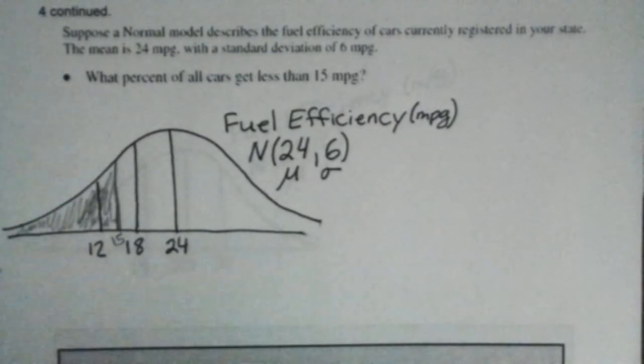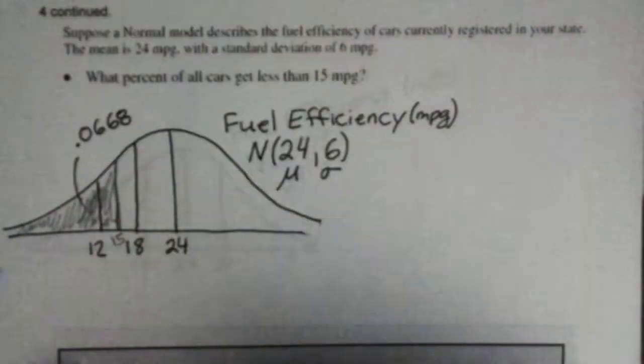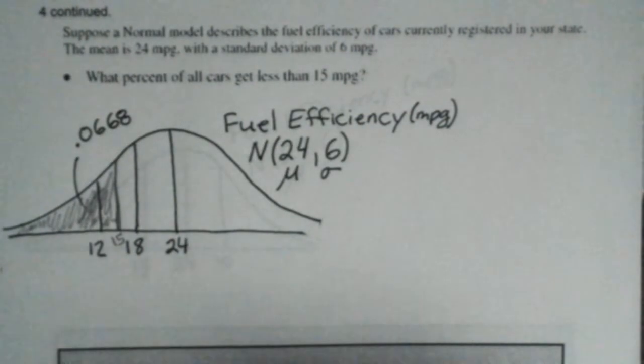So on our diagram, we are going to label the area that's shaded as 0.0668. Okay, and then what we would answer in this question is about 6.7% of all cars get less than 15 miles per gallon.